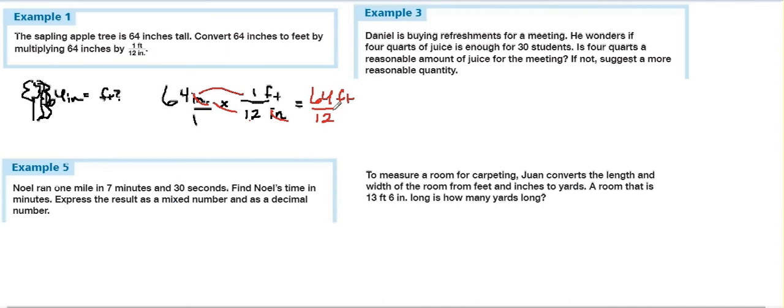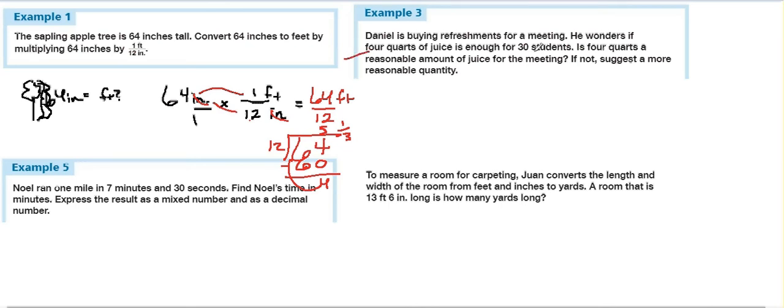So how many feet is 64 divided by 12? 12 goes into 64 5 times, because there's 4 left over, and 4 over 12 is a third. 5 1/3 feet? I hope so.